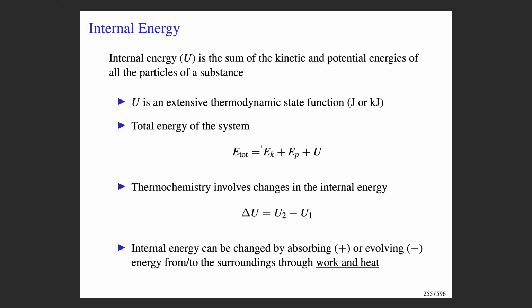Chemists do not care about this kinetic energy. Likewise, if your system is in some gravitational potential field, for example, the difference between doing your chemistry experiment on the first floor of a building versus the fourth floor of the building, technically speaking, on the fourth floor of the building, the system would have a higher potential energy. However, chemists do not care about that particular potential energy.